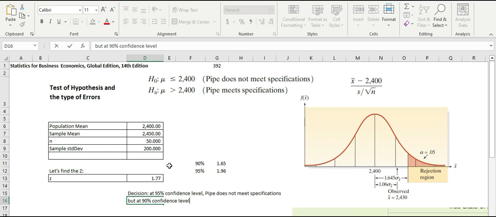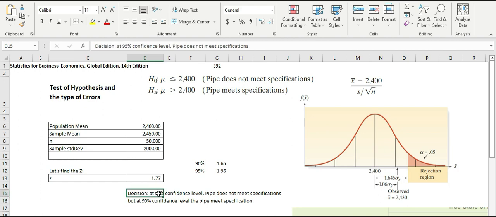Since the book uses 90%, but I love using 95% confidence because it's very common and has been used by a lot of researchers, we will follow this one. If the sample mean is 2,450, we can decide that at the 95% confidence level, the pipe does not meet specifications.